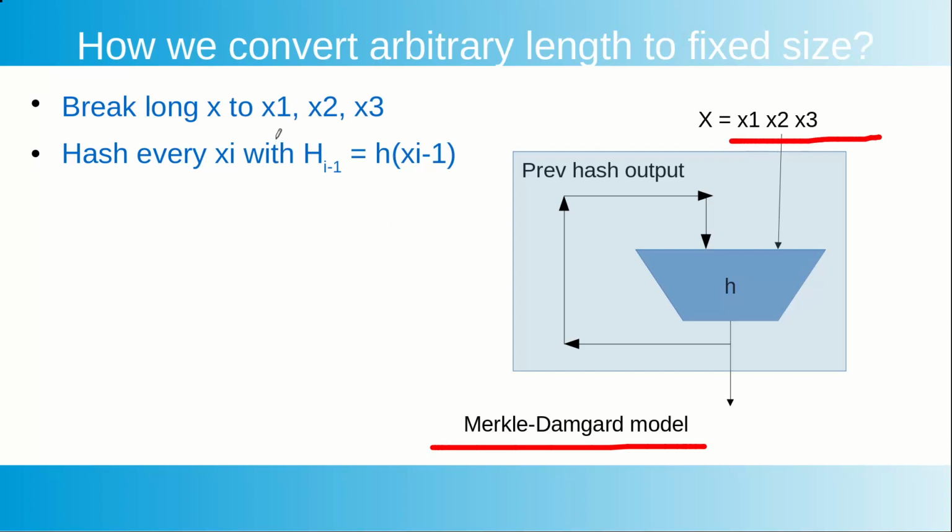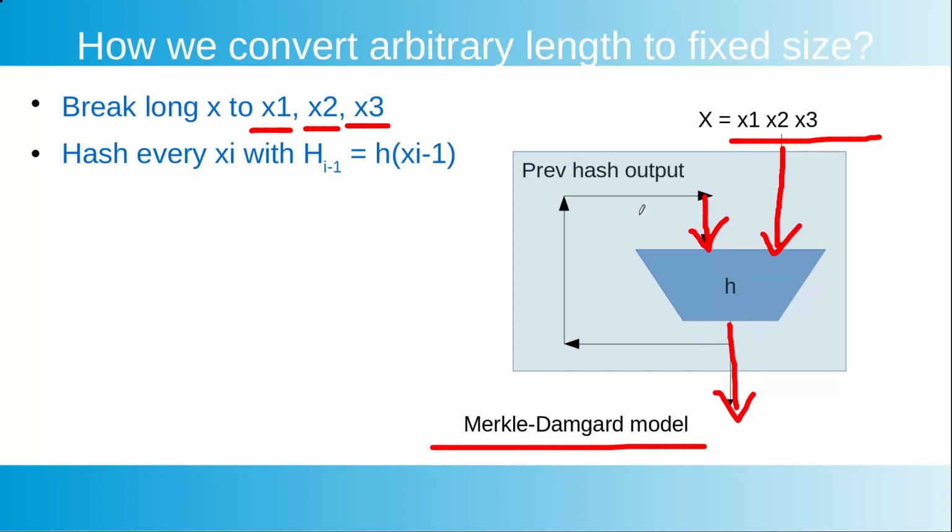What we are going to do is make this arbitrary long text into separate fixed size blocks. For example, block x1, block x2, block x3, all of them are of fixed size, and we are going to take each and every block as input and the hash output of the previous block as the input, and we are going to generate the hash output.